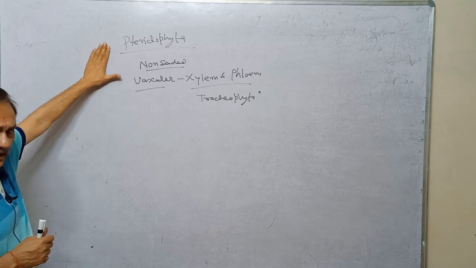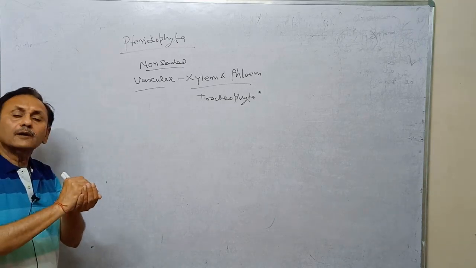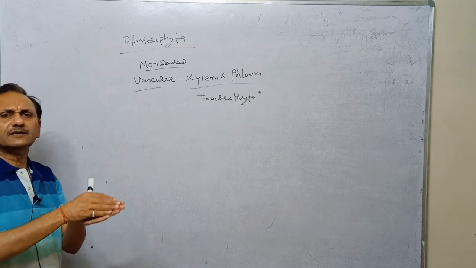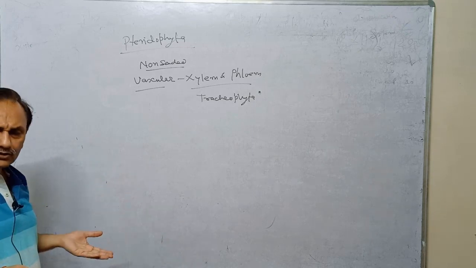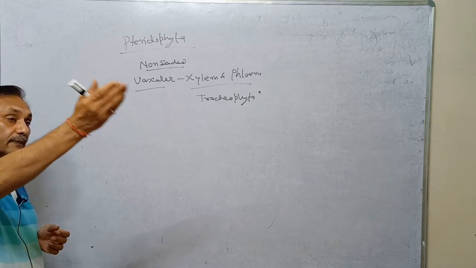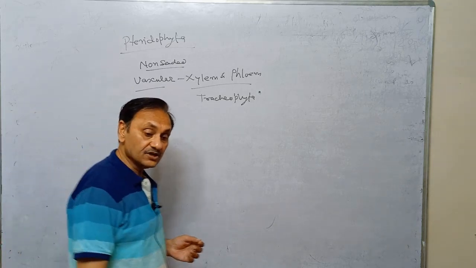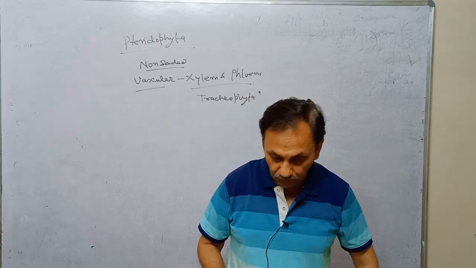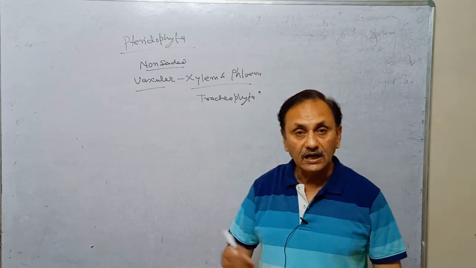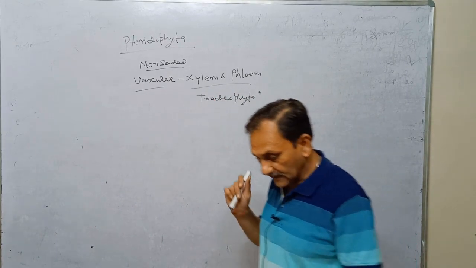Bryophytes are also very small and adhere to the substratum because they have no vascular tissues, and they cannot conduct the food prepared by the leaf or leaf-like green structures. They have no phloem, and the xylem is also absent.